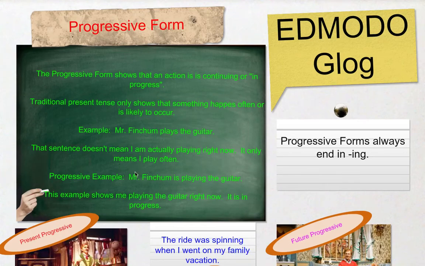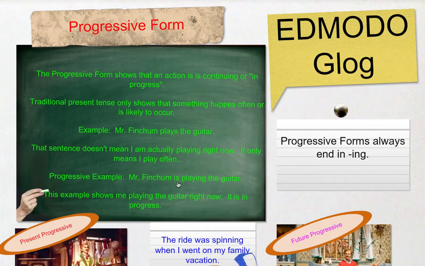Okay? But if you look at this sentence, the progressive example, Mr. Fincham is playing the guitar. You see playing, so you take the root and you add ing, or the base and you add ing. This is obviously the present participle form, playing. And you say Mr. Fincham is playing the guitar. So in order to be progressive, you have your base form with ing, and remember sometimes there are different rules like doubling a consonant or adding a y, it just depends on your word.